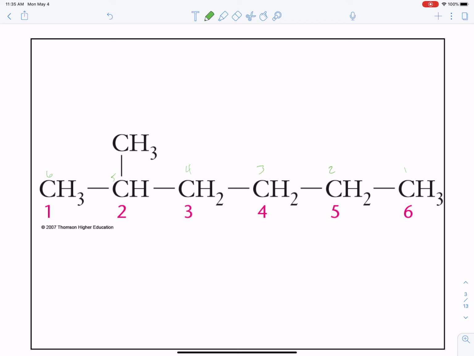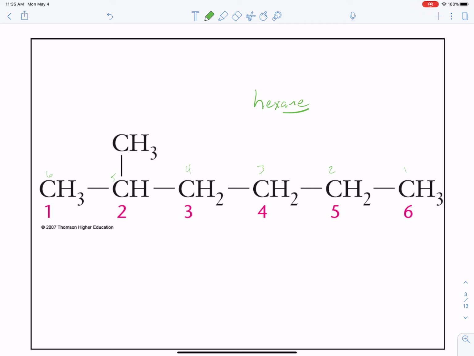But either direction, I have 6 different carbons in that longest chain. The longest chain is your parent, because your parent tends to be biggest, especially when you're a kid. So what we find is this is a hexane. Ane because everything's single bonded, right? So it's an alkane.